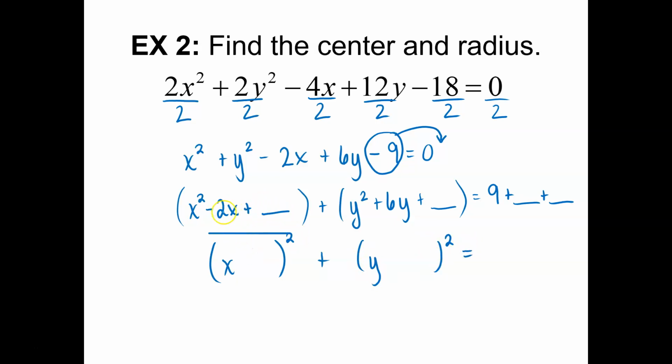So to get the number that goes here, we're going to divide by 2, which will give me a -1. And then to get the number that goes up here, we raise that to the second power, so that'll be a +1. If I add a 1 on that left-hand side, I must also add the 1 on the right-hand side.